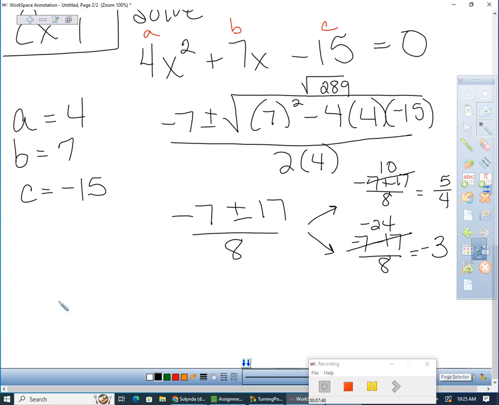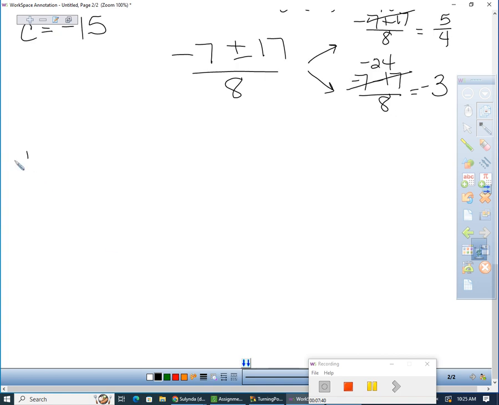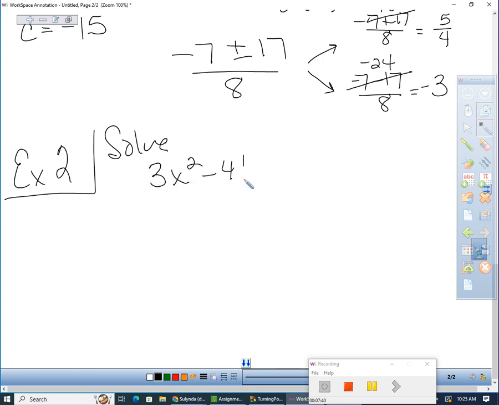Okay. Example number 2 then. Let's change this up just a little bit, still from the same section. Let's say we have to solve for, how about 3x squared minus 41x equals negative 110.